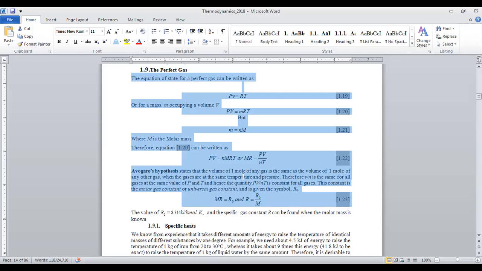Open systems means steady flow systems. That's why working fluids. We have learned about steam a little, compressed air a little, because of PV^n, and perfect gases.